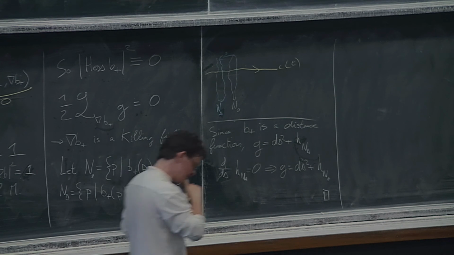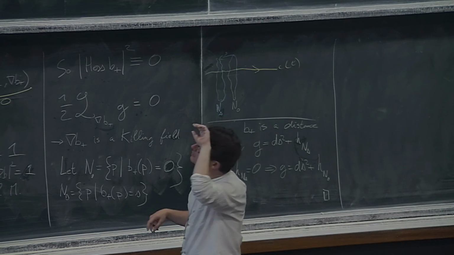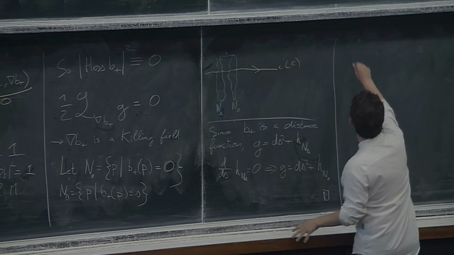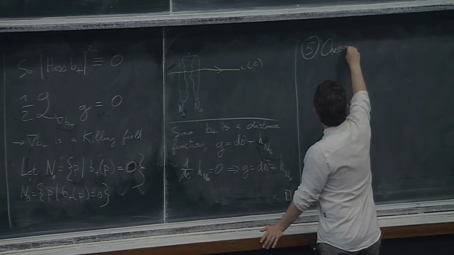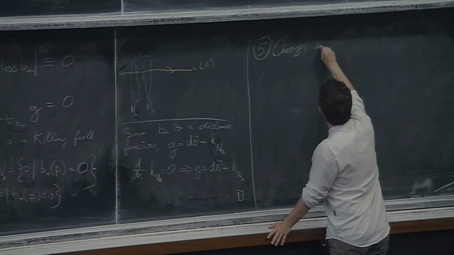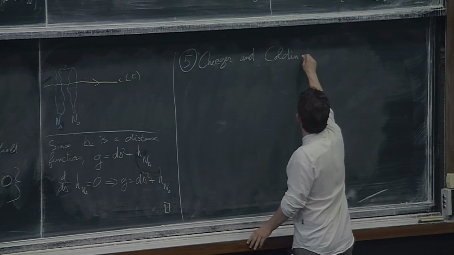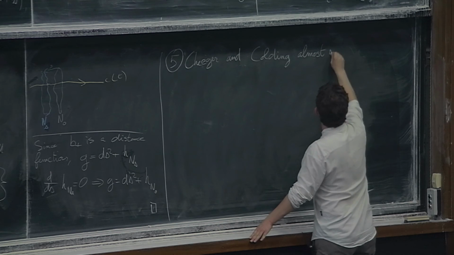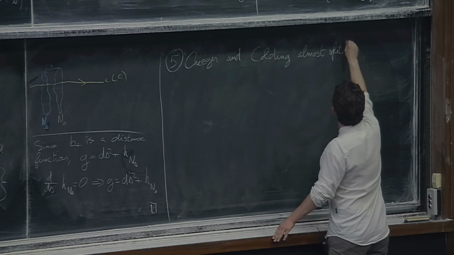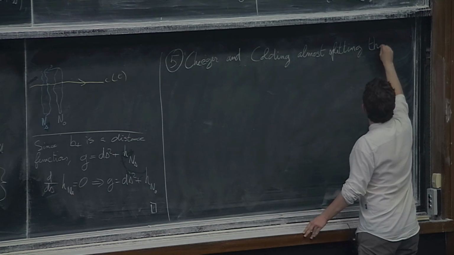Okay. So that's more or less the end of part 4. So part 5 is Cheeger and Colding's almost splitting theorem.